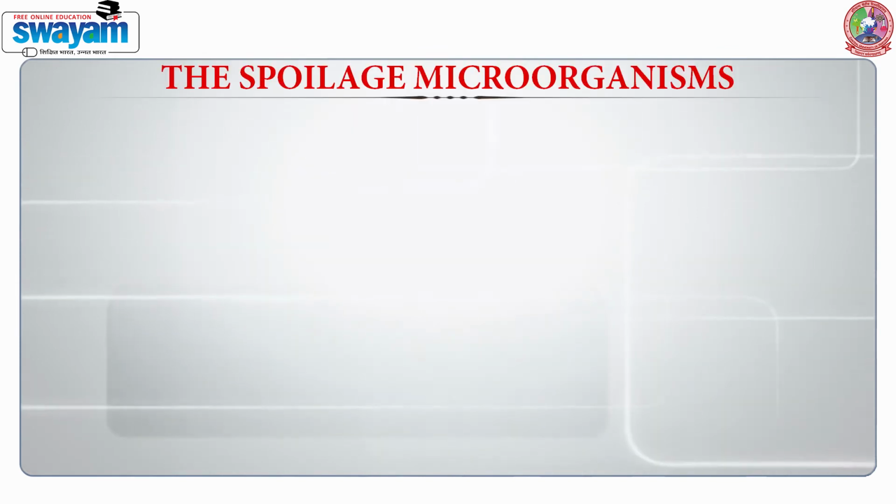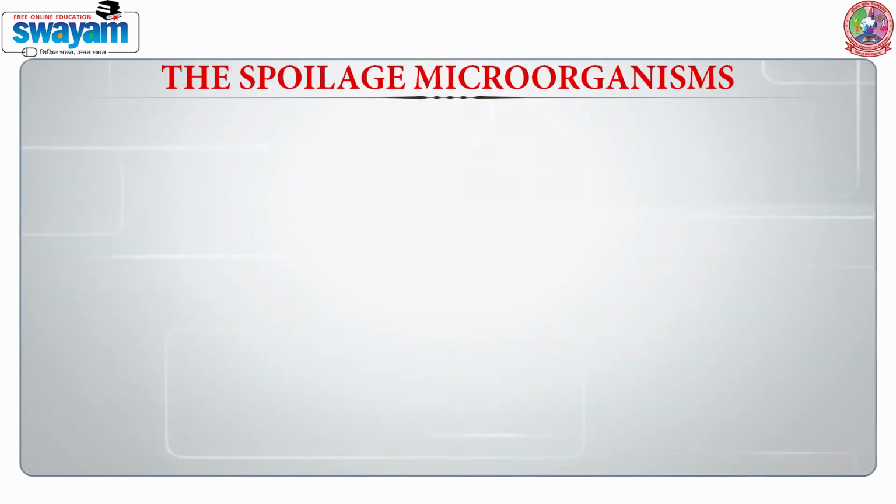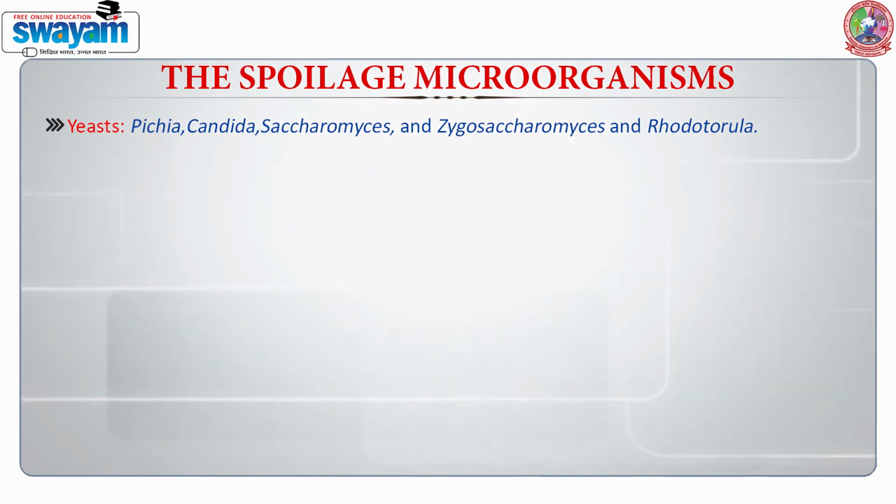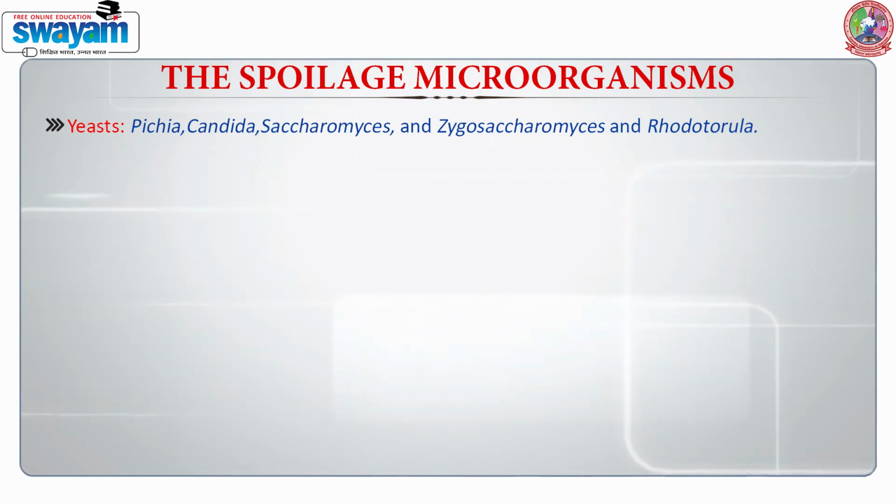Now, let us have a look at major spoilage organisms in fruit juices and beverages. Primarily, yeasts are the prominent organisms, and many species of yeast such as Pichia, Candida, Saccharomyces and Zygosaccharomyces are implicated in the degradation of juices and vegetable products.